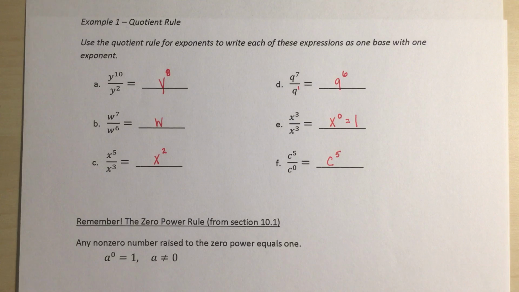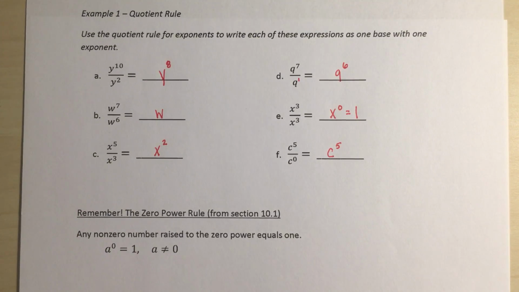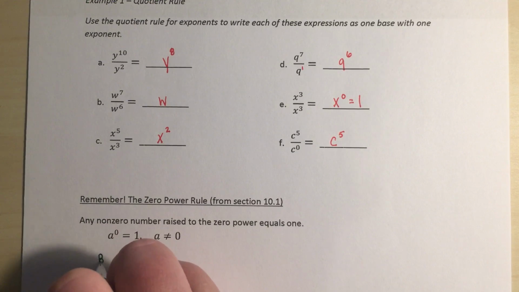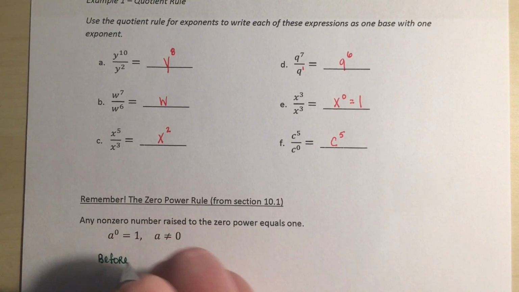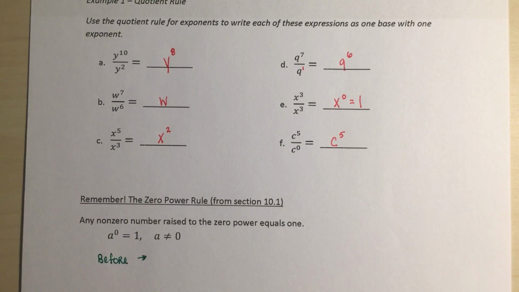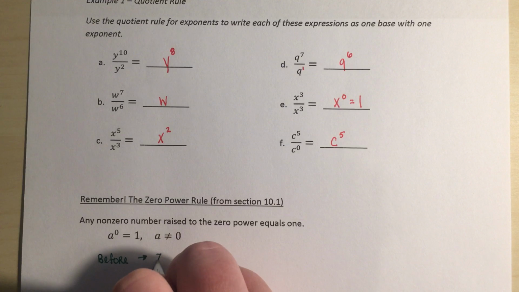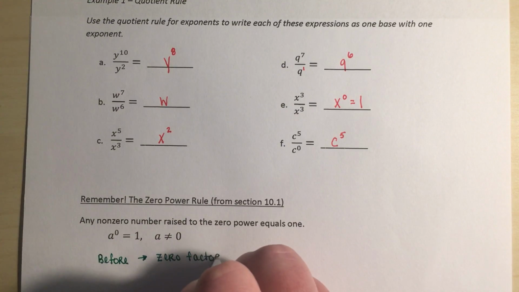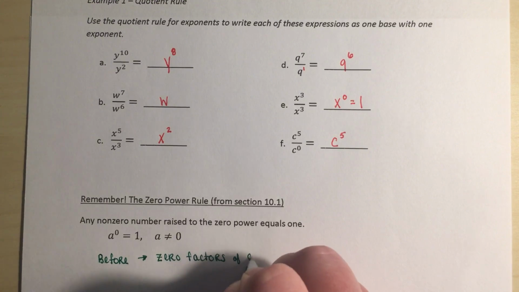So thinking back to our zero power rule from section 10.1, how we explained this was that anything raised to the 0 power is 1 because it was 0 factors of whatever we were looking at.